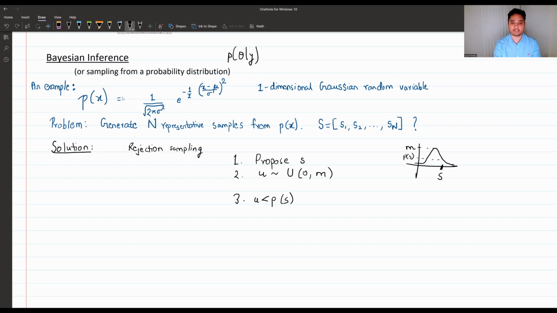So if U is less than or equal to P of S, then accept S. So essentially S1 becomes S. If U is greater than P of S, then we reject it. And what happens when we reject? Go to step 1. So you basically just keep on going and keep on doing this process repeatedly.